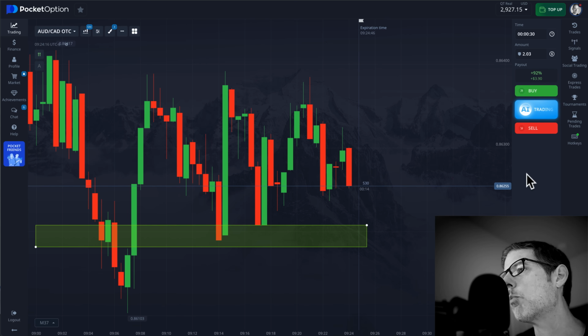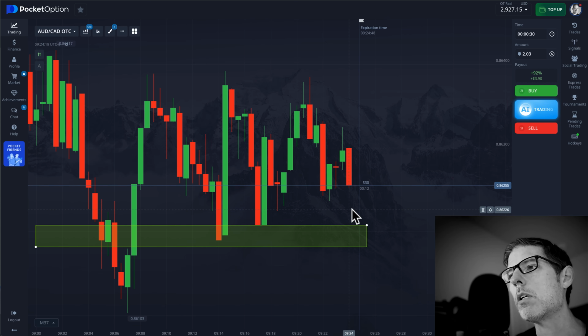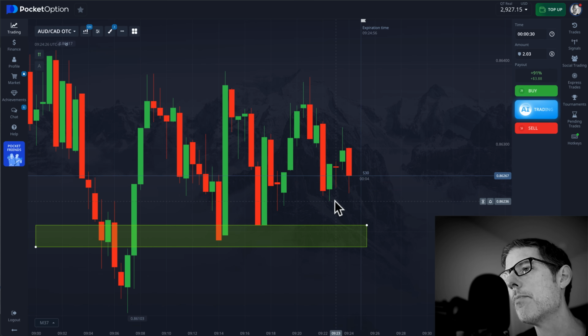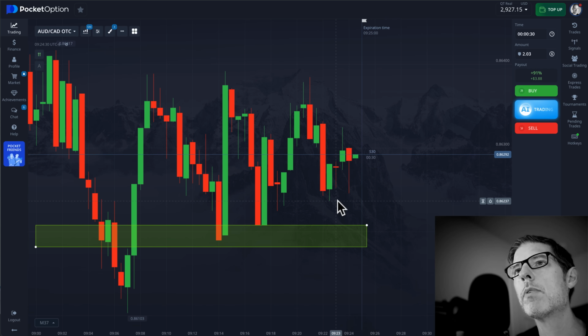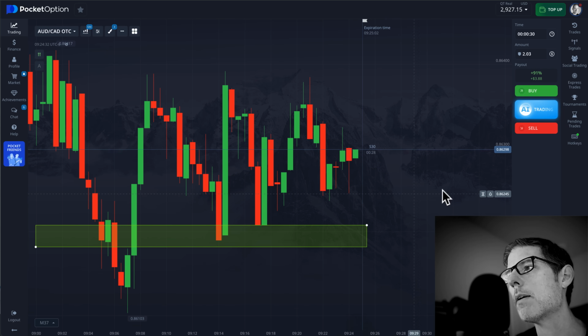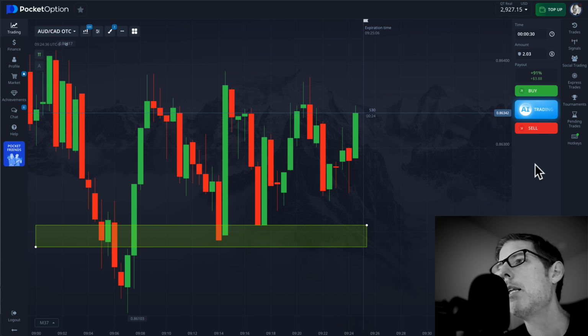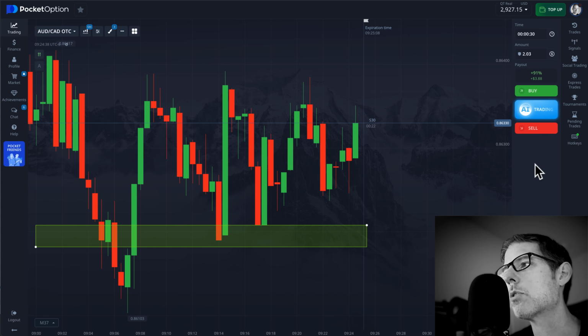But hopefully we can get some more ideas here and some different scenarios where we could take some trades. Looking for that to break out of that previous low. Don't know if that's going to happen. If this is not moving fast enough, we're on the 30-second chart. And if it's just not moving fast enough for us, guys, then we will go ahead and just start clicking the AI trading button.